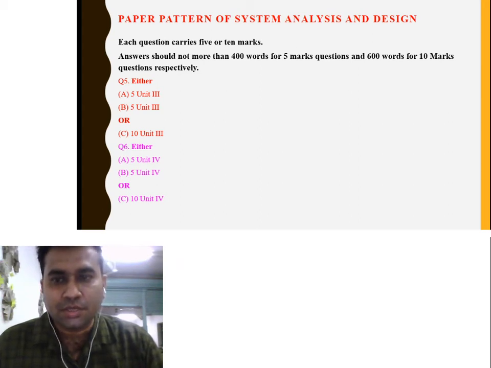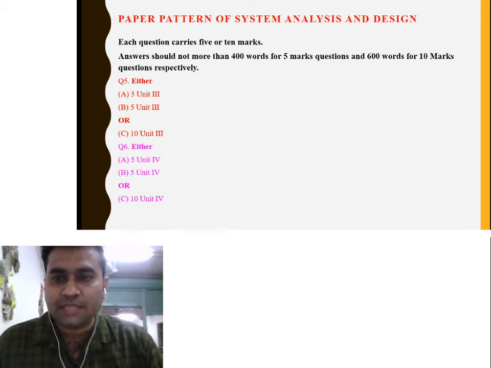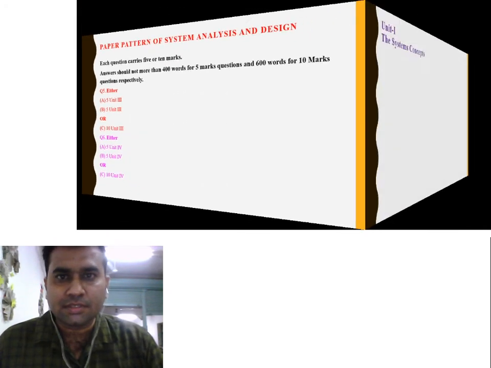Question number 6 is also either-or, A and B, asked from unit 4. A and B are 5 marks, and the or is 10 marks. This is the pattern of the system analysis and design paper, for 80 marks, and the time duration is 3 hours.